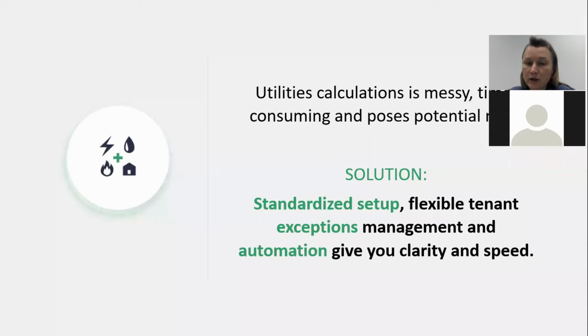And the correct calculation is especially important considering that under most contracts and by law, the tenants actually have a right, if they find that the utilities split for them is unfair, to ask the landlord to provide proof of how the utilities were calculated to make sure that they get the fair share.